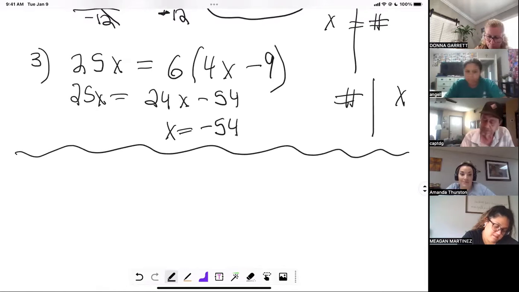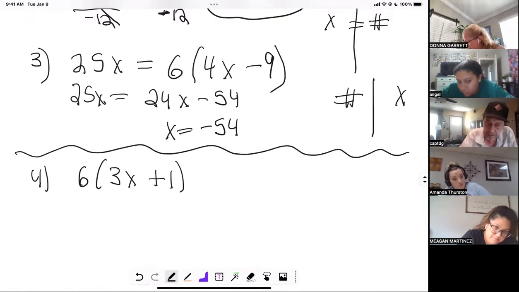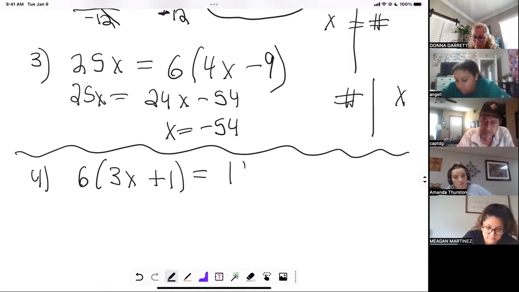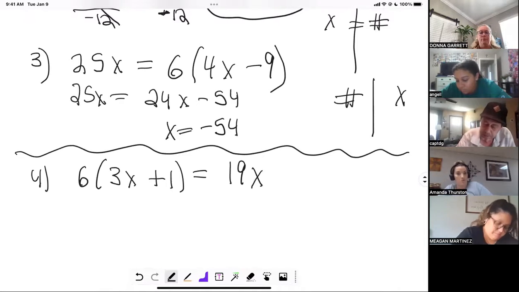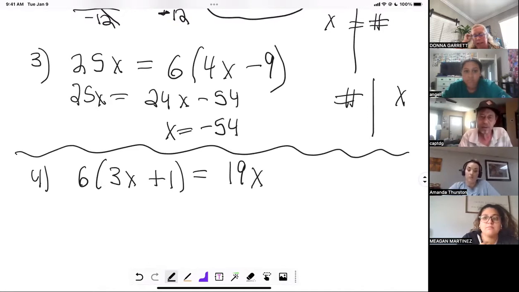Here we go. Actually, hold on a second. I want to change it because this is from the book, but I need to change it for a second. Don't do it yet.